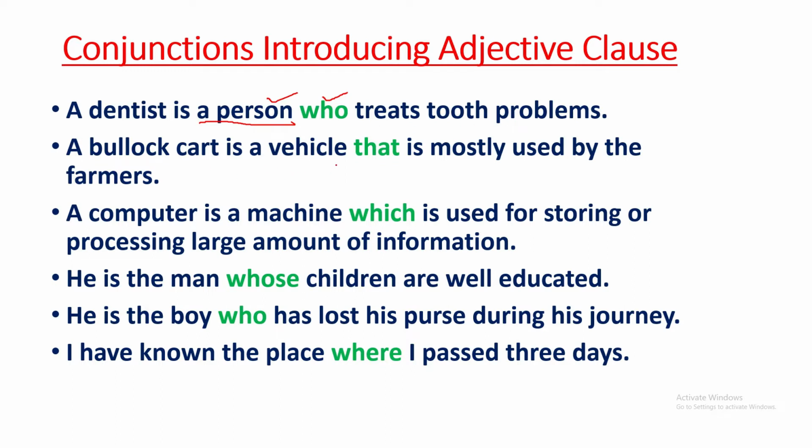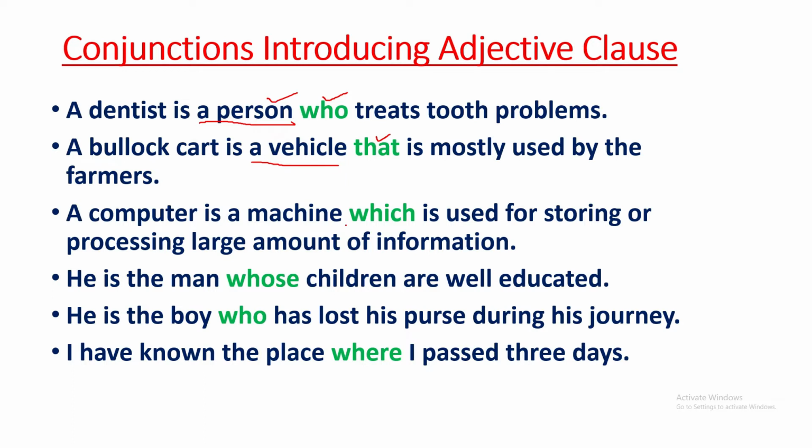A bullock cart is a vehicle that is mostly used by the farmers. The same thing here: that is mostly used by the farmers is the clause introduced by the word that, a subordinating conjunction, and the clause describes a noun, vehicle. So this clause is an adjective clause or relative clause.